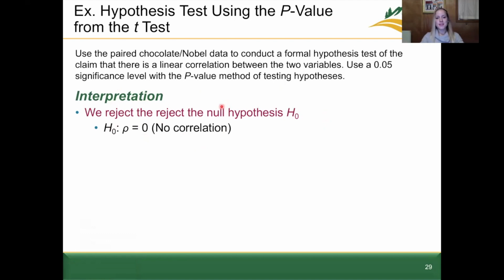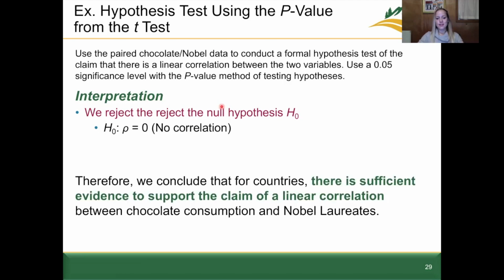That means we support the alternative hypothesis that we do have a correlation. Therefore, using this process of formal hypothesis testing for linear correlations, we conclude that for countries, there is sufficient evidence to support the claim of a linear correlation between chocolate consumption and Nobel laureates.